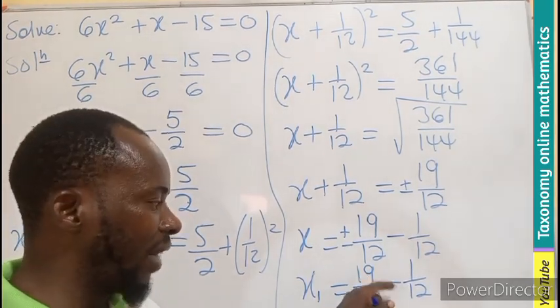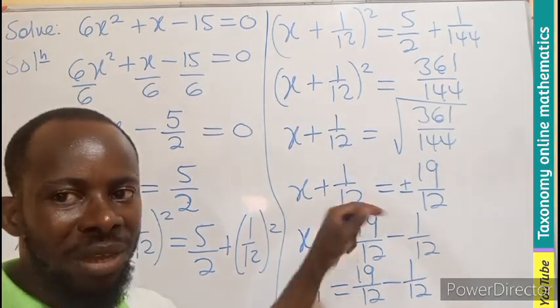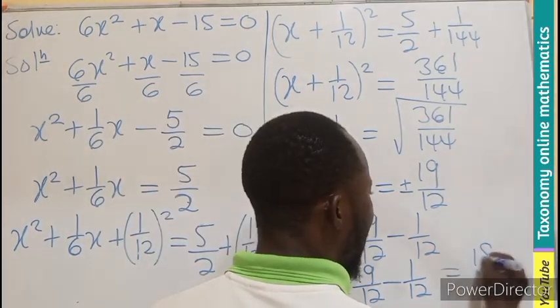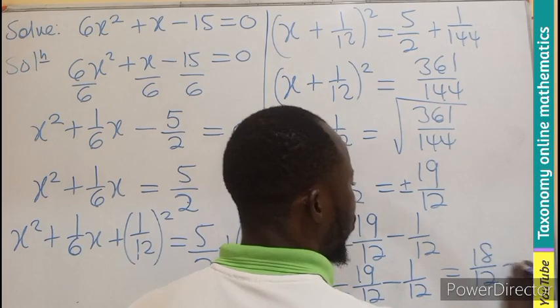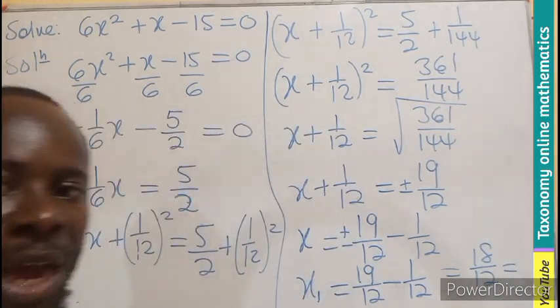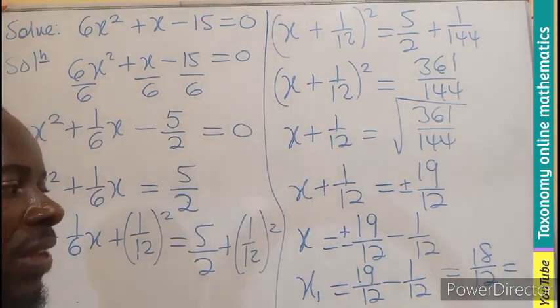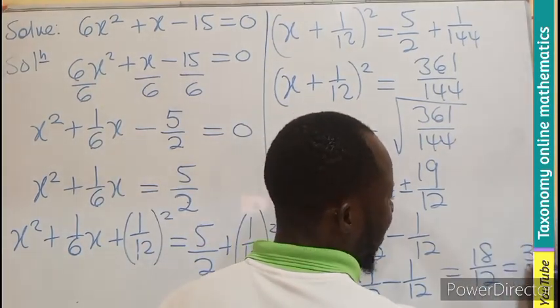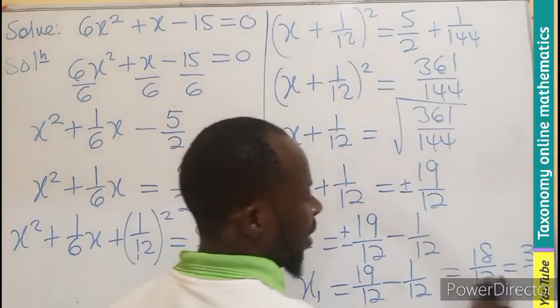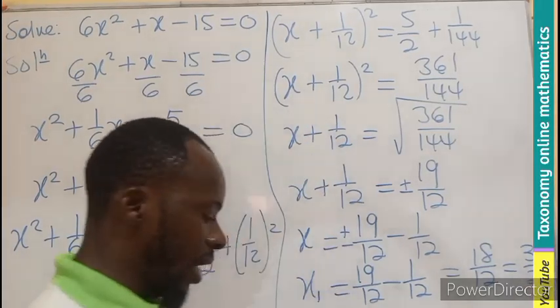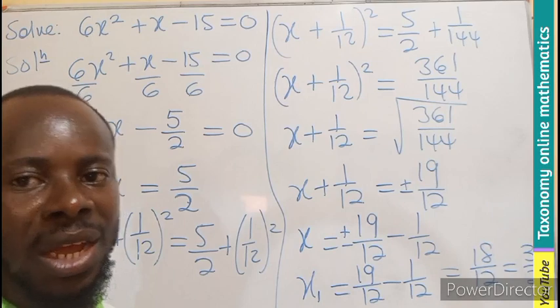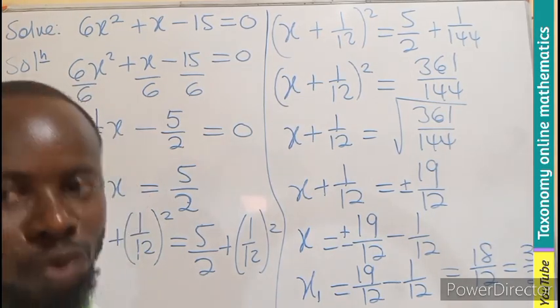So we have 19 minus 1, that will be 18, divided by the same denominator, 12. And I can see a common factor, which is 6. 6 goes into 18 3 times, and 6 goes into 12 2 times. Meaning the first solution is going to be 3 on 2.